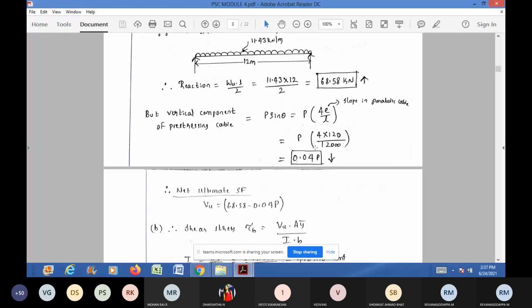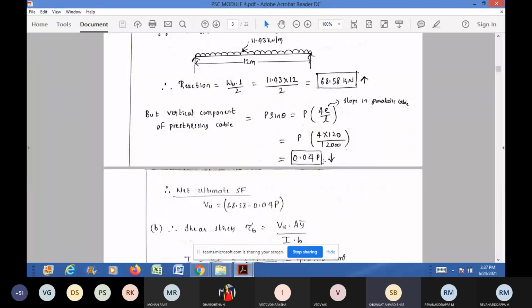So the vertical component of the pre-stressing force is P sin theta, which is P into 4e by L. P is unknown, you keep it as it is. Do the simplification. After that, here I got 0.04 P. Okay, you are getting the same answer.